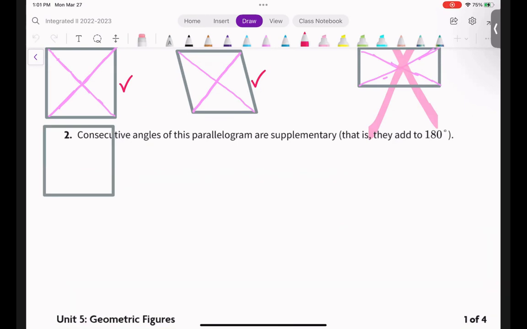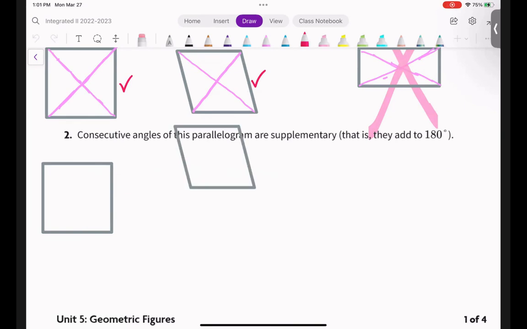That's what we're talking about. Nope, not opposite. No. Do you guys not know what consecutive means?